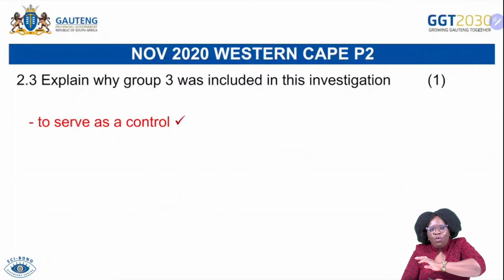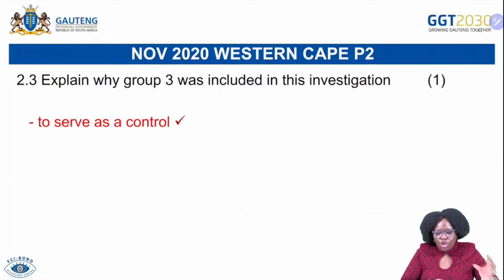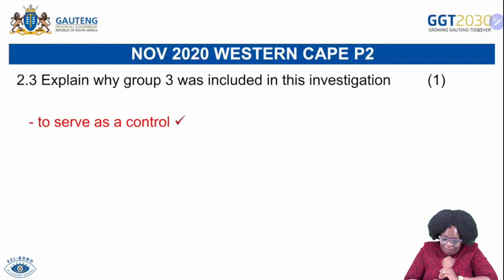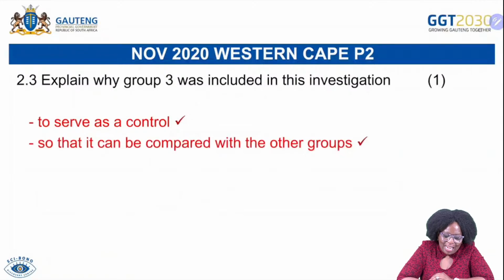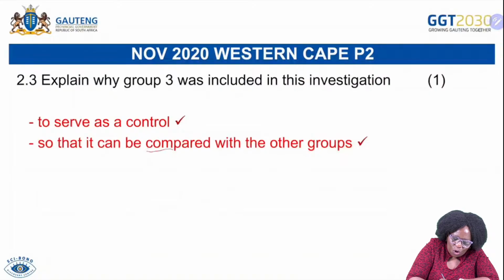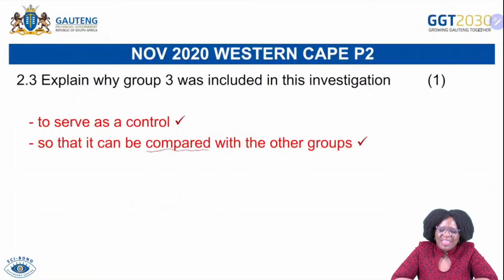So we see what will happen to the ones that were cut short in terms of the feathers, or to the ones that were extended. But this one remains unchanged. And let's see the outcome. It serves as a control so that it can be compared with the other groups.